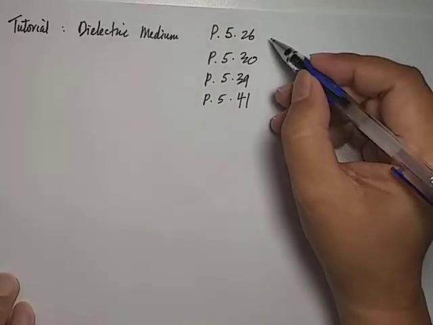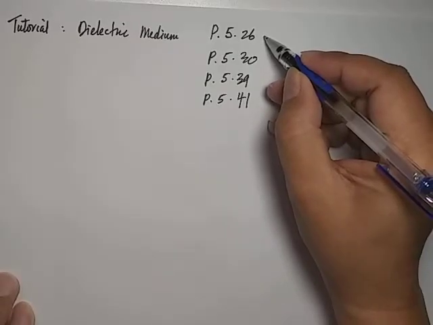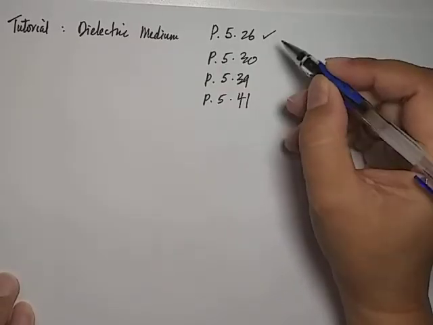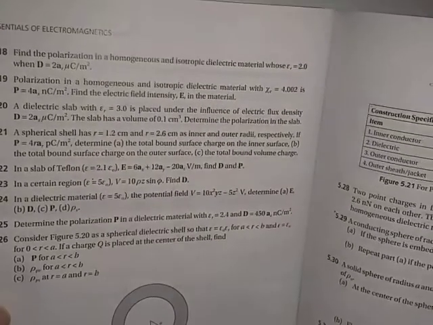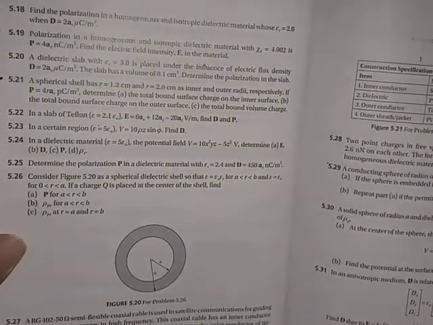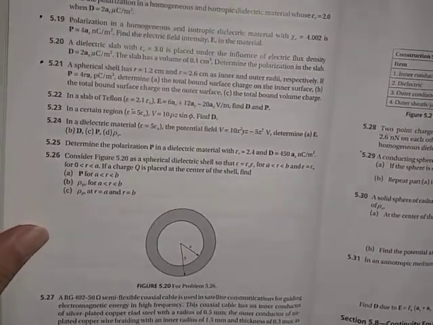So we're going to do problem 5.26 now. I'm going to show you the problem. We're going to read together, and then from there we're going to solve the problem together.